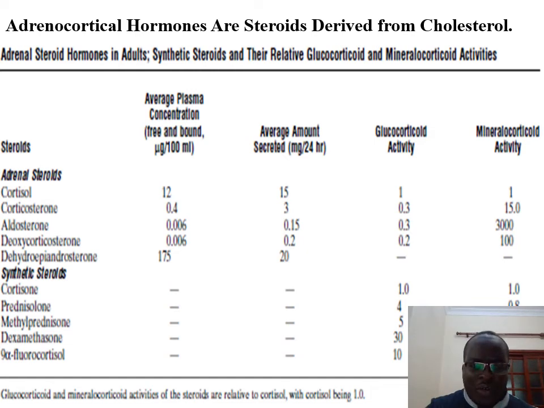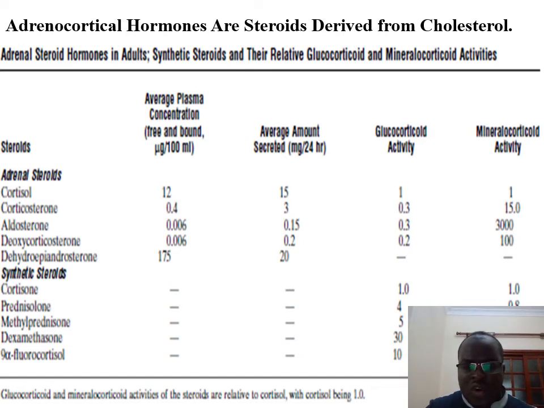So you can see from this table that you have cortisol, the average plasma concentration free or bound to plasma protein. We have cortisol, that is 100 microgram per 100 milliliter of plasma. The average amount secreted in 24 hours, you have 15 milligrams.